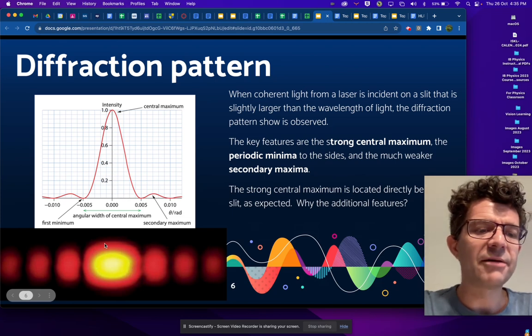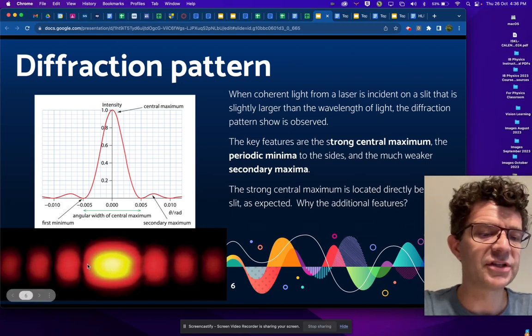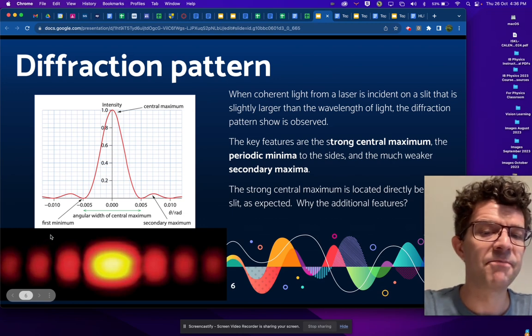and we shine a laser at it. Right behind the slit, you'll see a very bright maximum, but off on the side, you'll see a series of minima that are equally spaced. And you'll see a series of maxima that are spaced out as well. So we have minima, minima, minima, and secondary maximum, secondary maximum, secondary maximum.